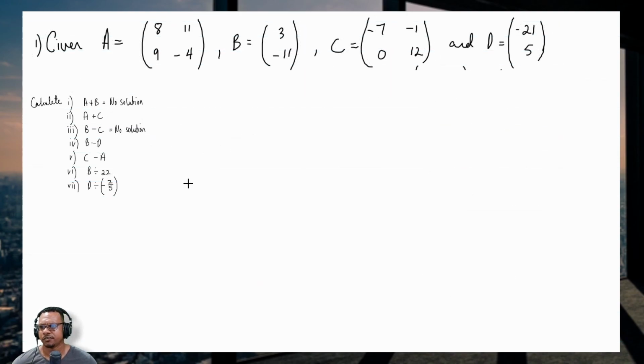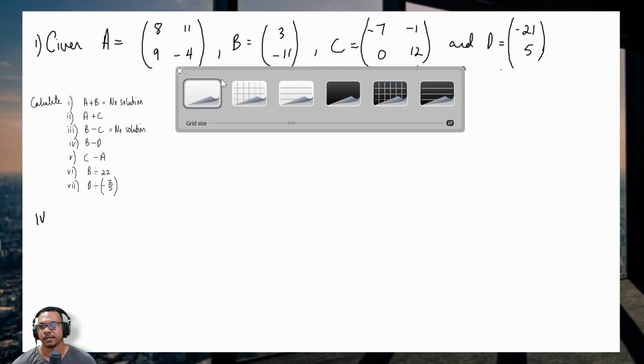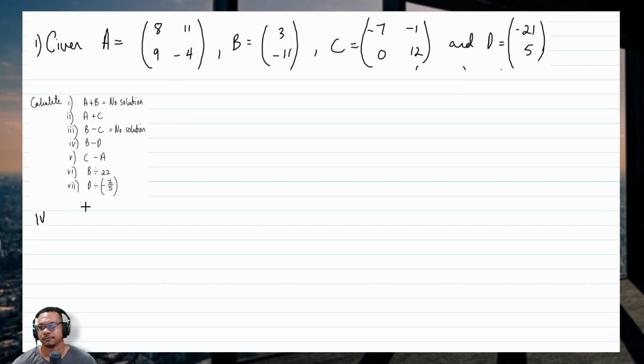So let's look at 3, which couldn't work out, right? So now B take away D. Let me see if I can work that right here. So part 4, B take away D. B is 3, -11, take away D, which is -21, 5.